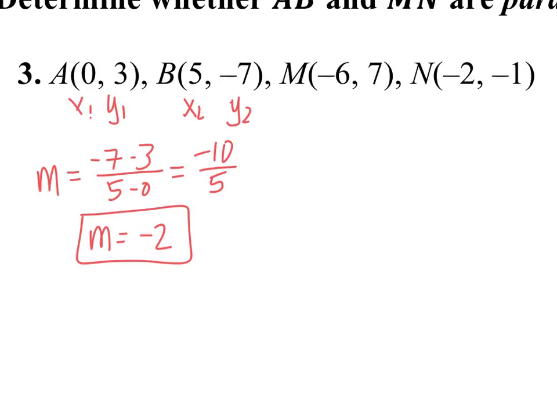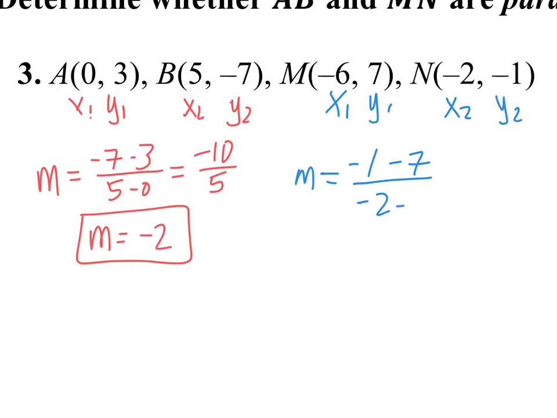All right, and let's go ahead and find the slope for MN. This is x sub 1, this is y sub 1, this is x sub 2, y sub 2. So we have to do this twice. So my slope here is m equals negative 1 minus 7 divided by negative 2 minus negative 6.